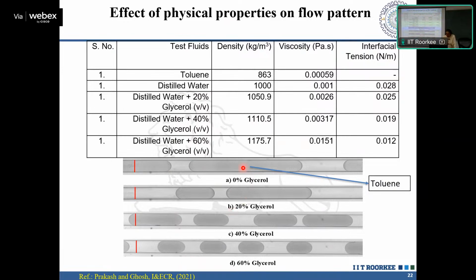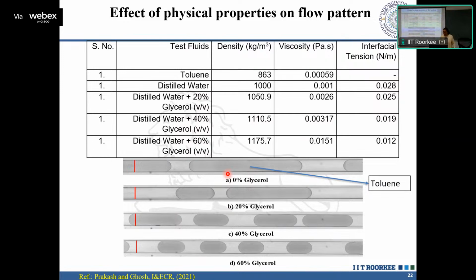So what physical property is changing? Which phase are we changing? The continuous phase. The continuous phase is getting more viscous, and the interfacial tension between the phases is reduced. What will be the effect? The slug length is gradually reducing. Since we have reduced the interfacial tension, it is easier to form the slug.